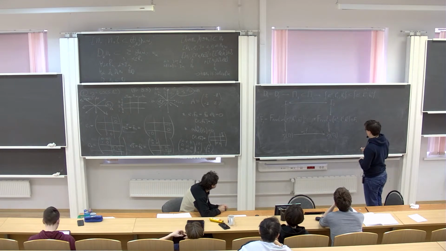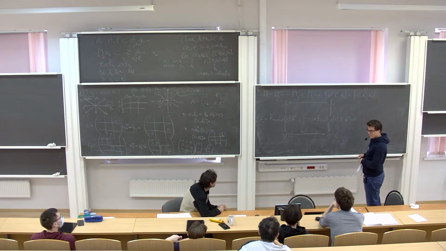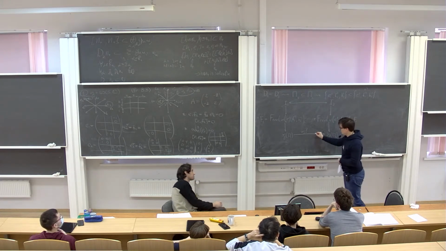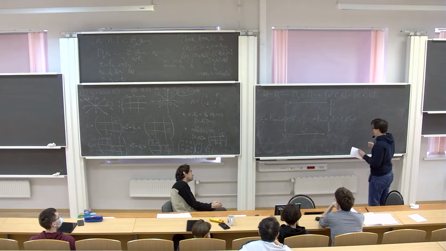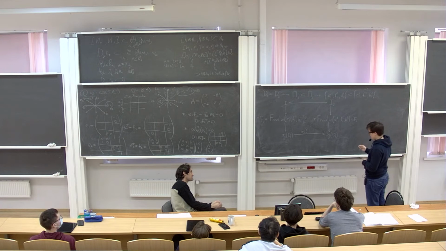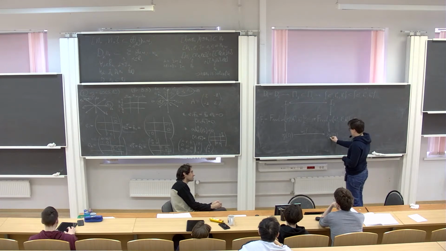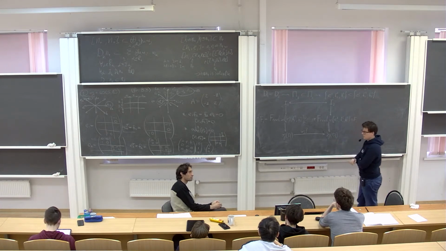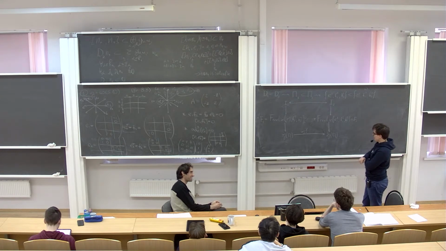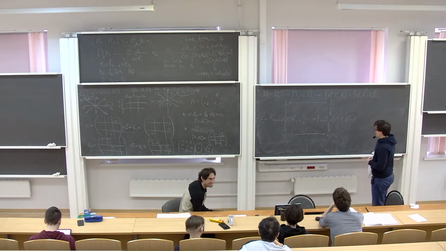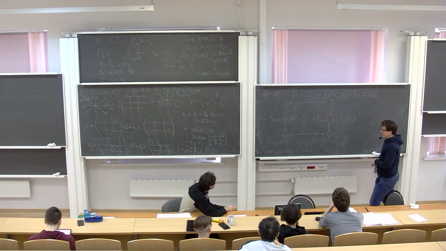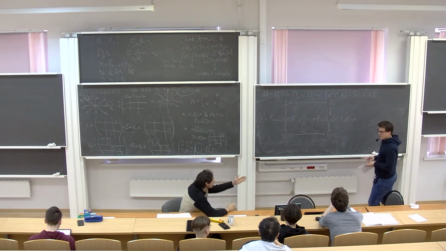Okay, I'm sorry, I'm lost. Did you prove that it's injective? No, we just have this map. Okay, so this I kind of believe. Wait, are you going to use Serre's theorem? I already used it, right?